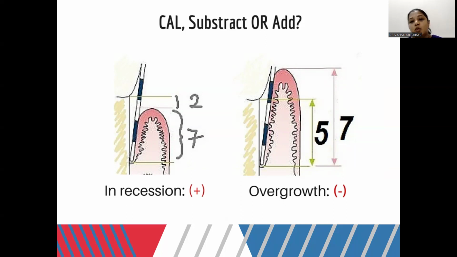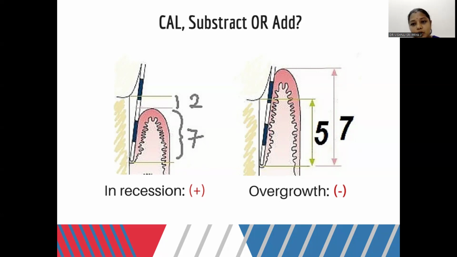In case of gingival overgrowth, the same values should be subtracted. That's the only difference. Again, free gingival margin to the base of the pocket, you should get one value, that is 7. Then you should also measure free gingival margin to CEJ. That value is actually not given in this picture. So try to understand.